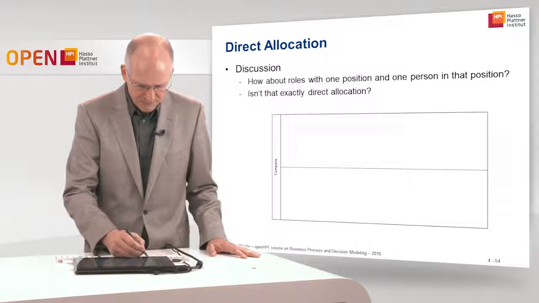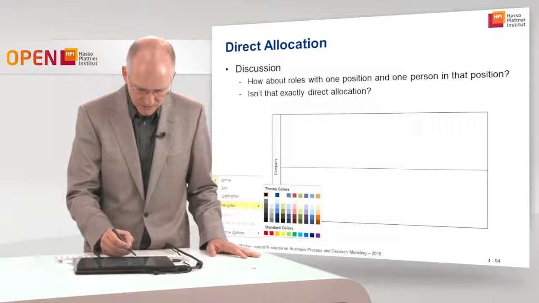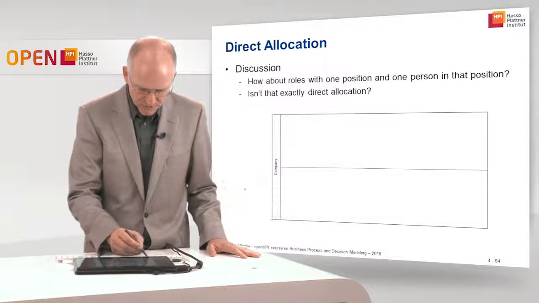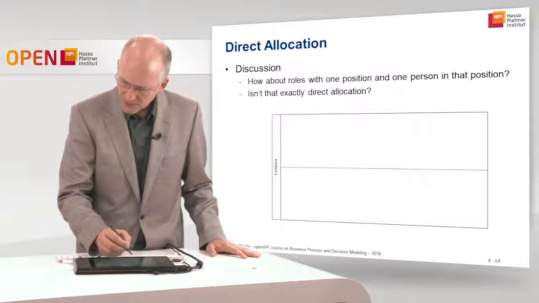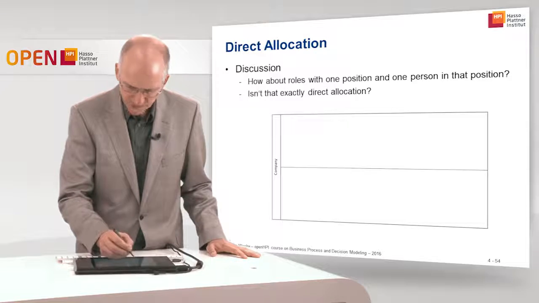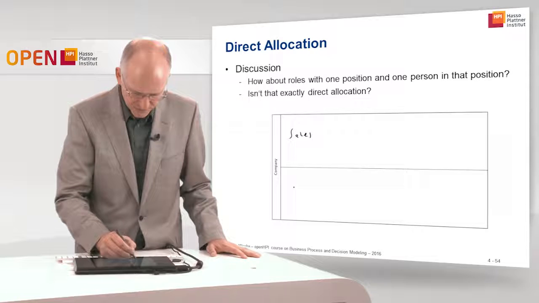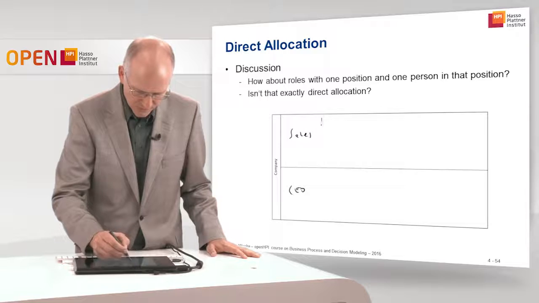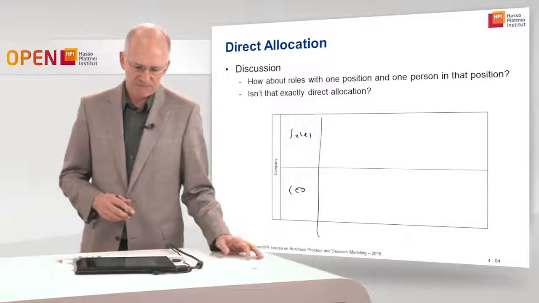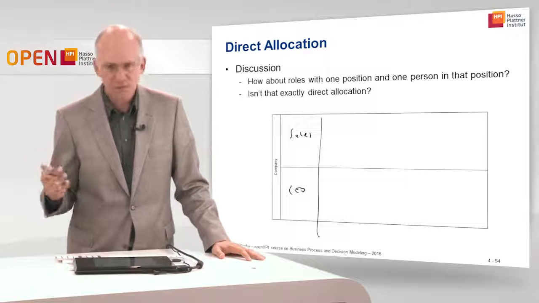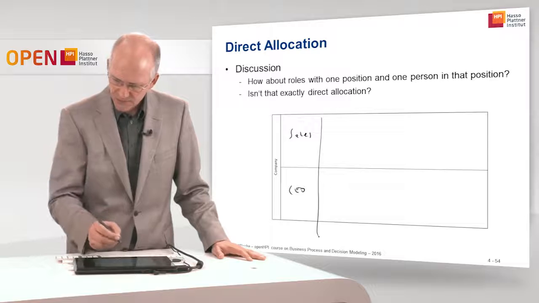I have an example. I again try to use the black color. Maybe we have sales, and here we have the CEO. Assume the CEO needs to sign a contract in certain cases, so if the amount is high, something like that.